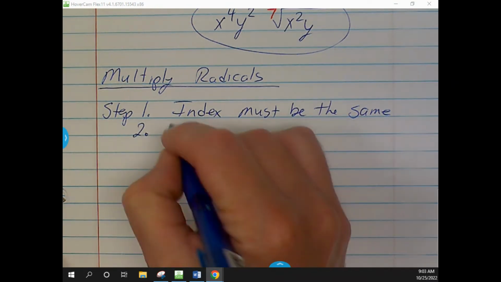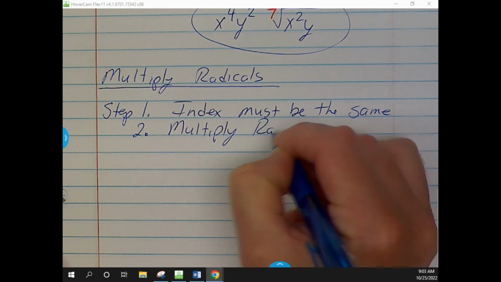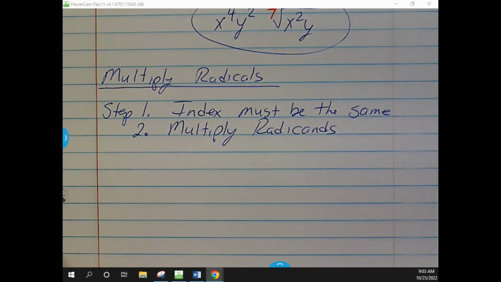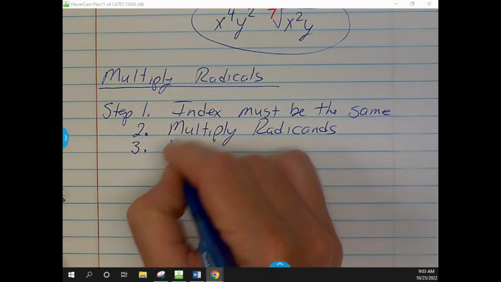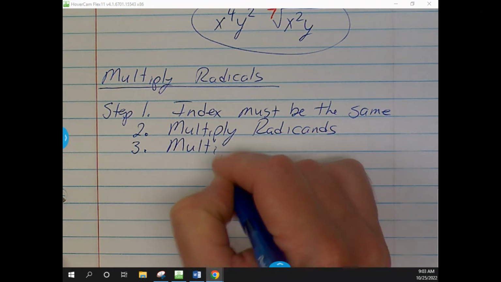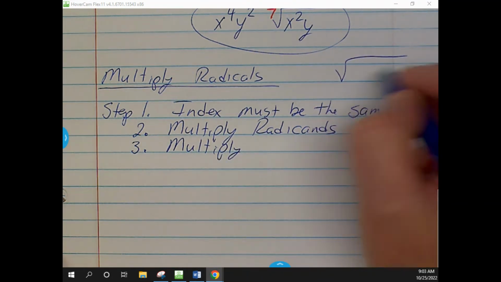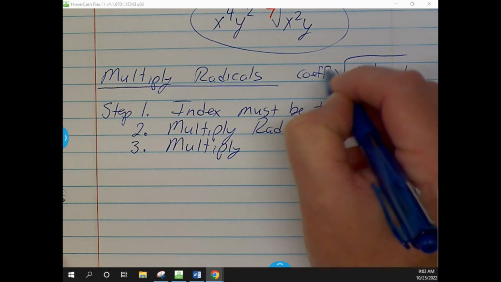All right, second thing is, once you've got that, you're going to multiply the radicands. And the other thing you're going to multiply is, if you're going back to these, your radicand is on the inside. And you may have a coefficient out front, so we'll call that the coefficient out here.